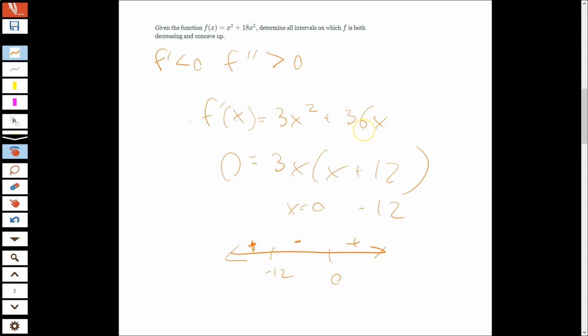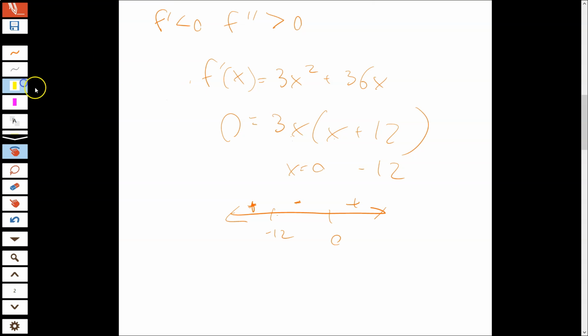Okay. So we want an interval where f is decreasing. So that's going to be here, right? From negative 12 to 0 is our decreasing interval. So I'll say f decreasing on negative 12 to 0.